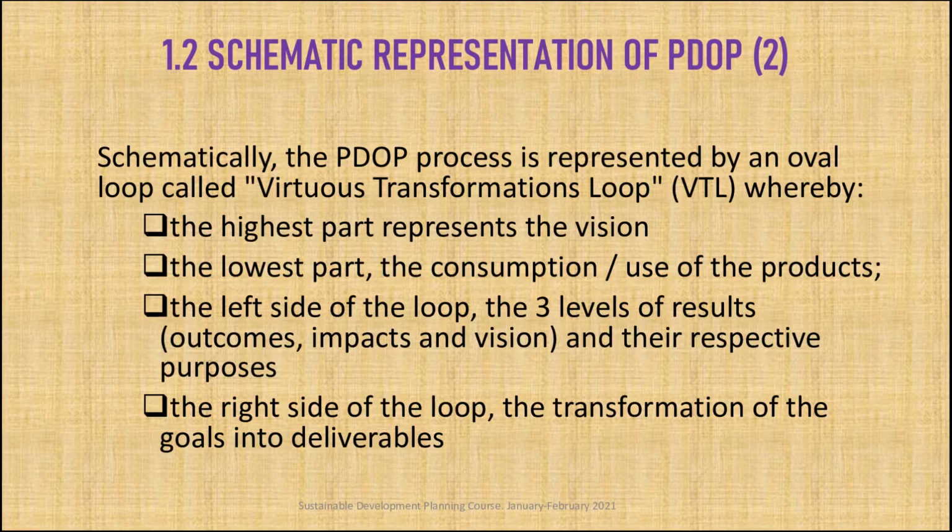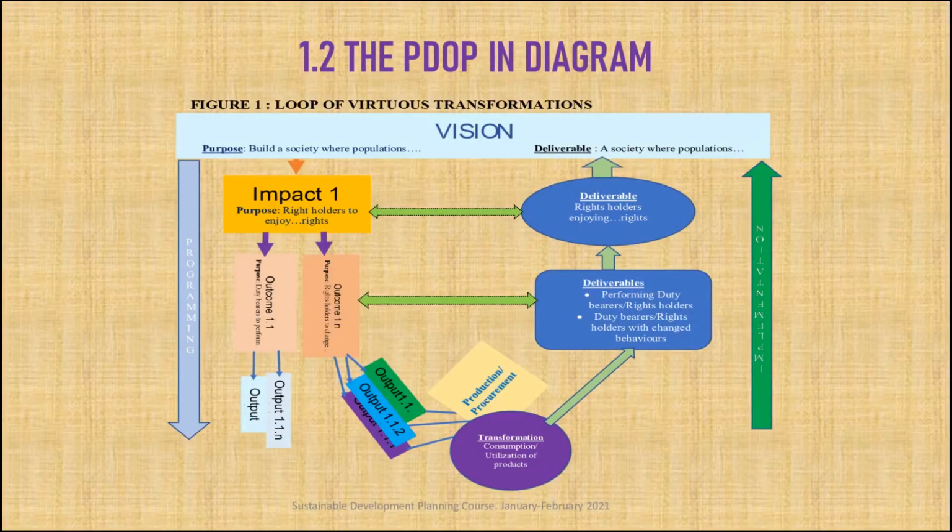The left side of the loop represents the three levels of results, outcome, impact, and vision, and their respective purposes. The right side of the loop represents the transformation of the goals into deliverables. So schematically, what I've just described can be seen on this figure.